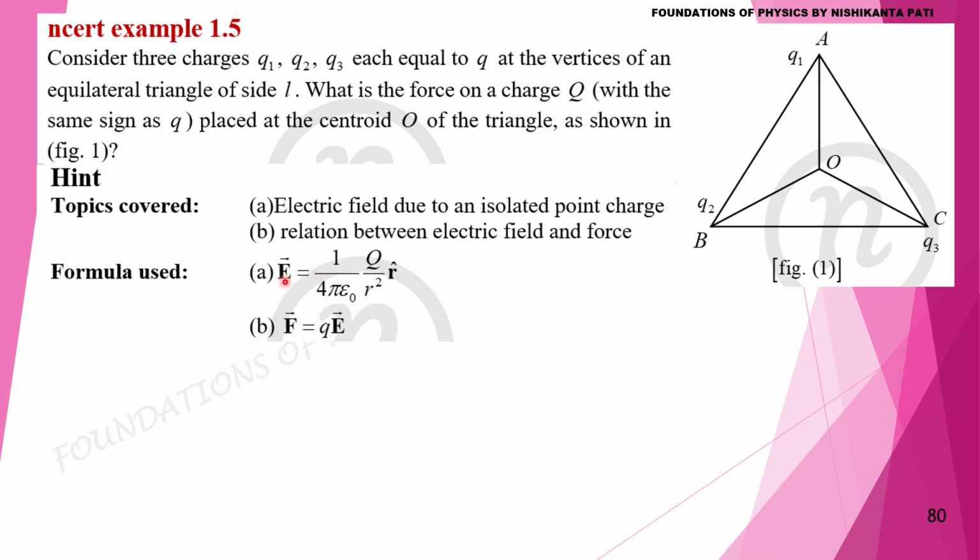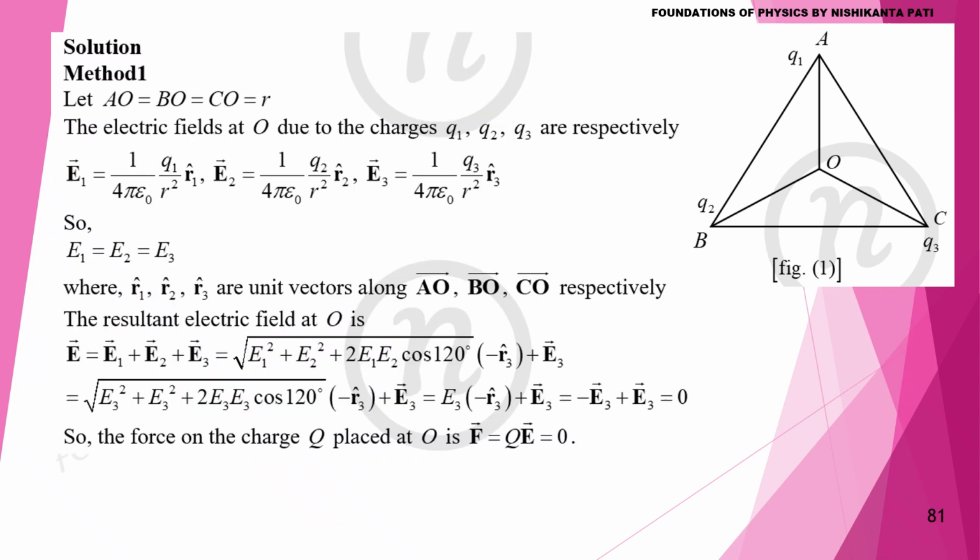The electric field due to a point charge, and the relation between force on a test charge and the electric field. So electric field at O due to Q1 charge, electric field at O due to Q2 charge, electric field at O due to Q3 charge.